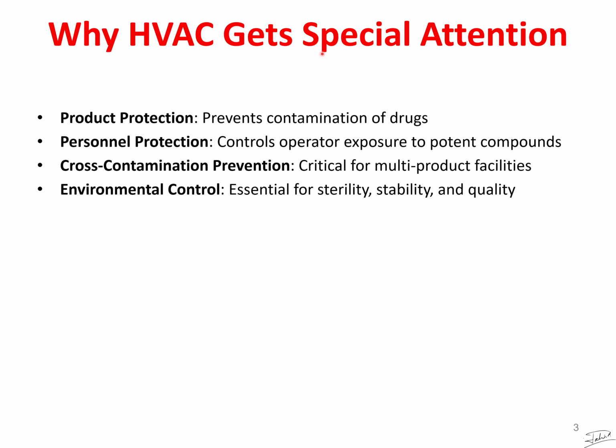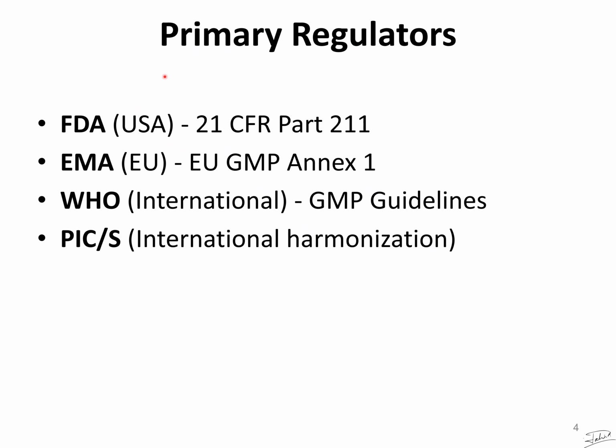So why does HVAC get special attention? For product protection, personnel protection, cross-contamination prevention, and environmental control. There are some primary regulators for HVAC systems in the pharmaceutical area. For example, FDA 21 Code of Federal Regulations Part 211 regards the HVAC system in any manufacturing area.